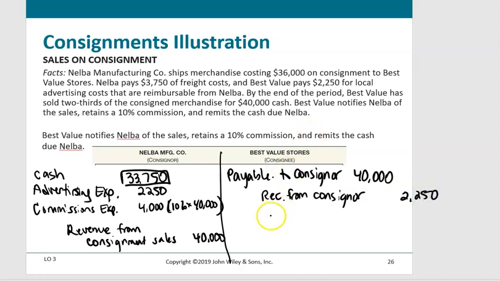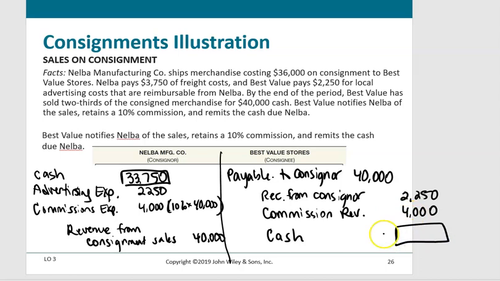Best Value needs to record its commission revenue of $4,000, and the rest is going to be cash. So while we don't see a debit to cash and a credit to commission revenue for $4,000, we are actually getting the cash by reducing the amount of cash that we pay to NELBA.